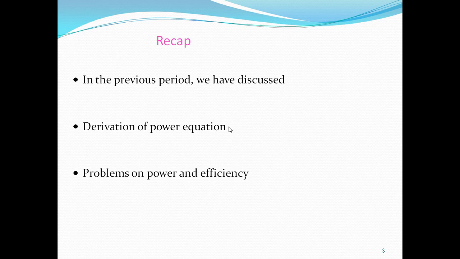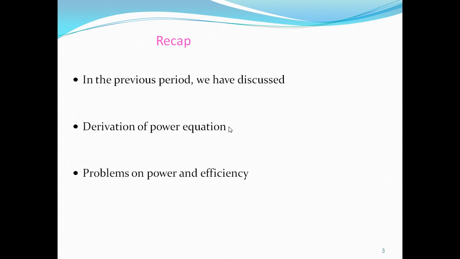Its value is constant because it depends on the circuit constants Xs and Ra. Once we design the motor, it is not possible to change these circuit parameters, so theta is constant. At unity power factor, Eb is equal to square root of V square plus Er square minus 2 V Er cos theta.